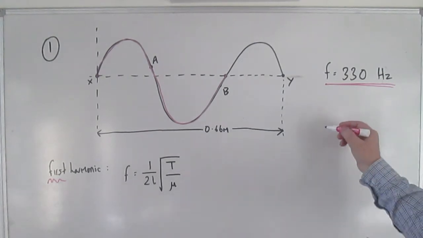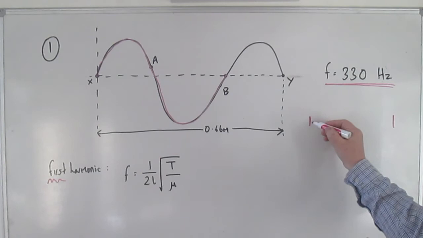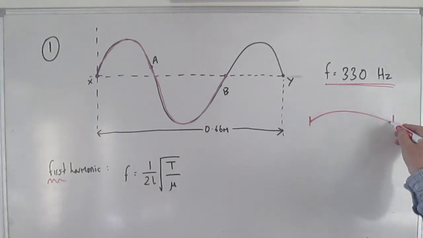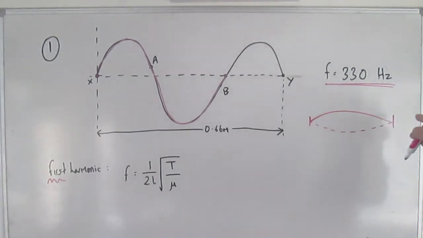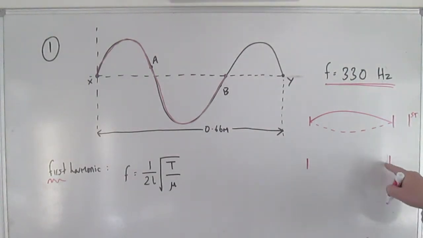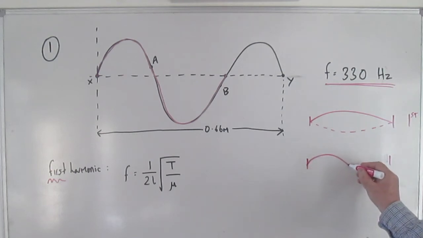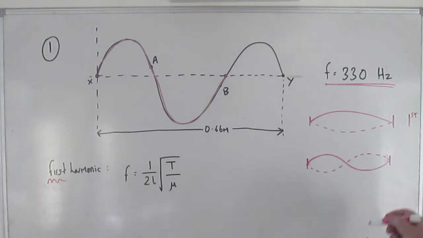If you remember how these harmonics work, if this is the end of the string, the first harmonic looks like that. There are no nodes in between the two fixed points at the ends. So that would be the first harmonic. The second harmonic looks like this, with the one node in the middle.